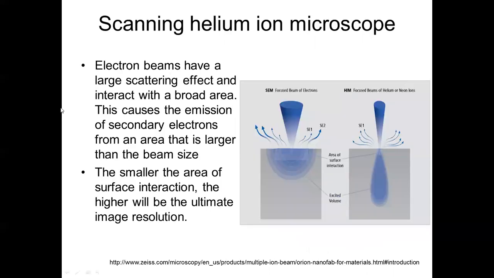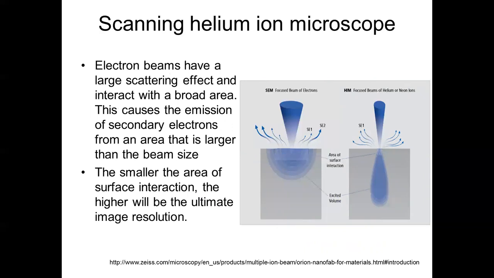So electron beams have a large scattering effect and interact in a broad area. This causes emissions of secondary electrons from an area that's larger than the beam size. So again, this gives us, in some senses, a false picture of that particular area, because we're getting the attributes of the blooming from the interaction.